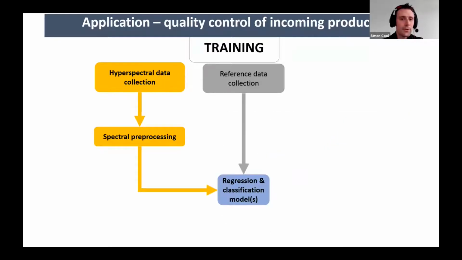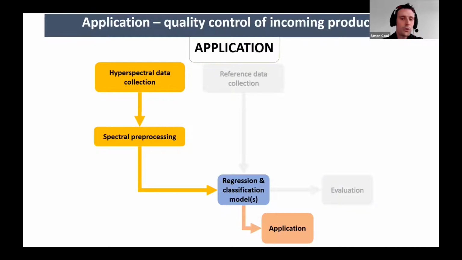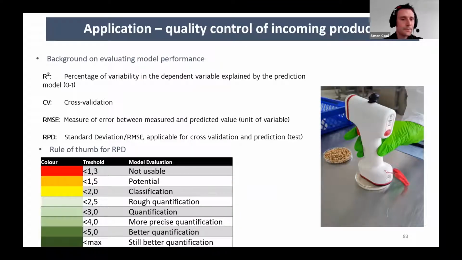In the next step, the reference data and the spectral pre-processed data are used in a regression or a classification model, which can then be evaluated, for example, by cross-validation or with an independent test set. And of course, the trained model, as Vincent explained already today, can also be used then in a real-time application.